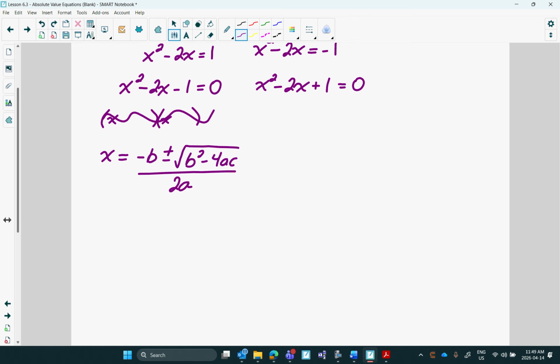So b is negative 2, so when I plug it in here, it becomes positive 2. And then negative 2, you need those parentheses. 4 times 1 times negative 1, all over 2 times 1.